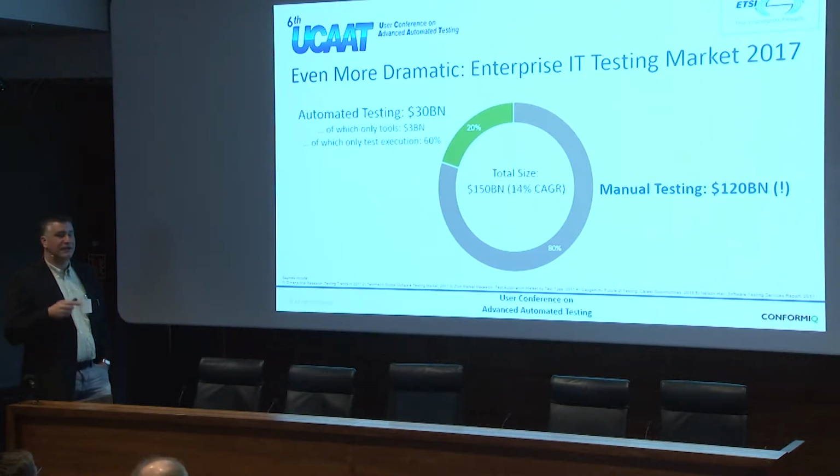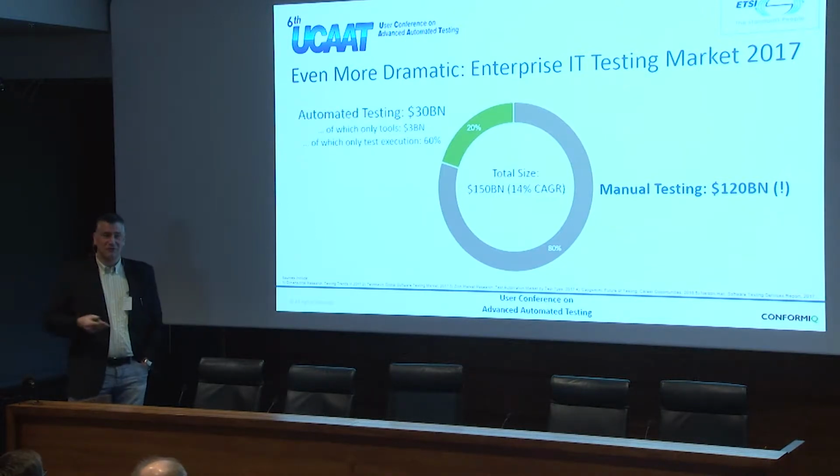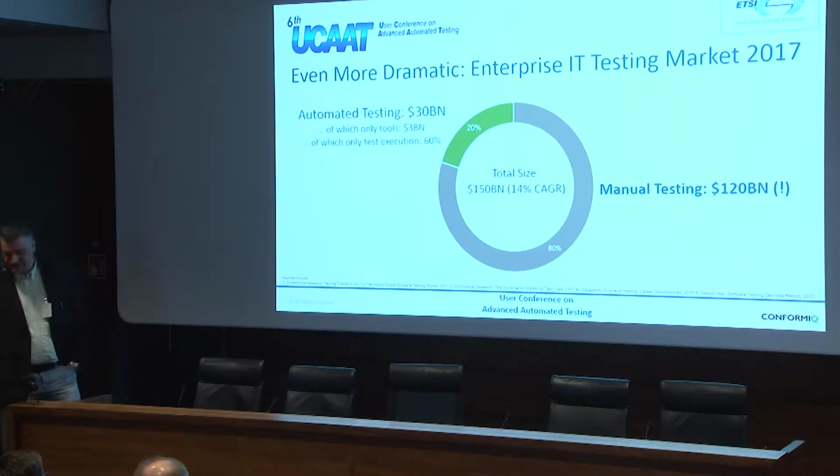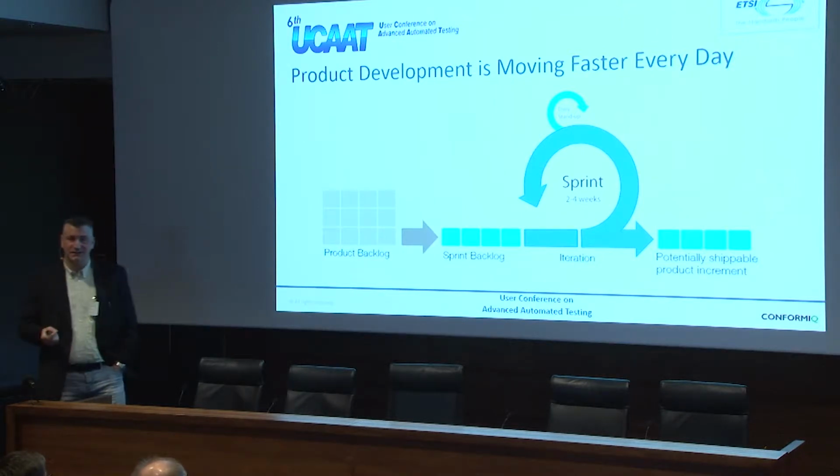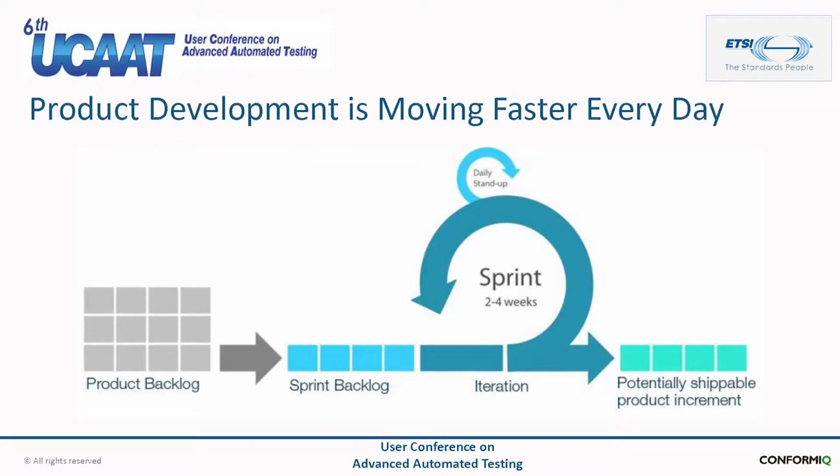But the thing is, we have to come to terms, even as automation experts, that with manual testing, there's still a lot around. So then, of course, the other challenges that we're facing in enterprise IT, probably as you do also in R&D, is that everything is going faster. Everybody is trying to move towards working in an agile way, sprint-based.